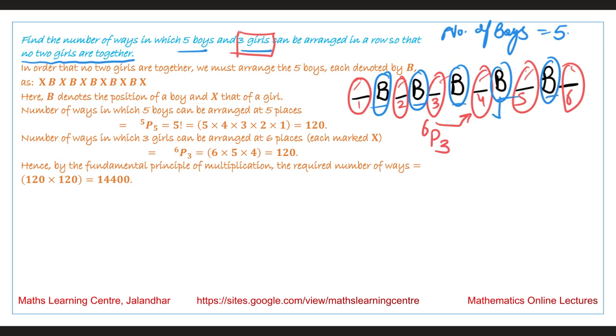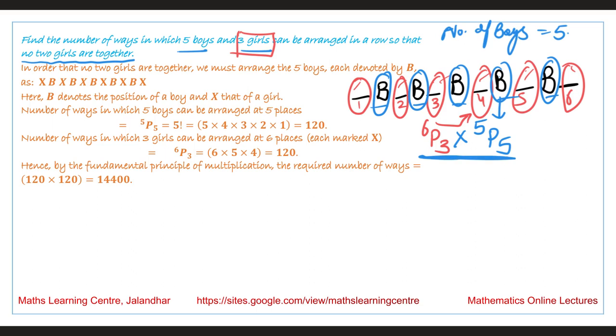So the number of ways in which boys can sit at these 5 positions is 5P5. The product of these two, by the fundamental principle of multiplication, will give us the number of ways in which they can be arranged.